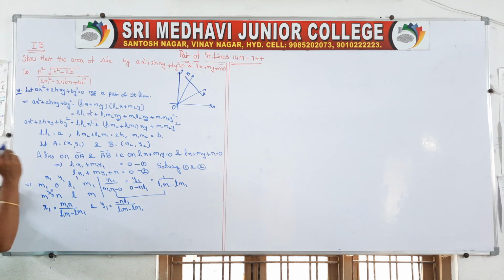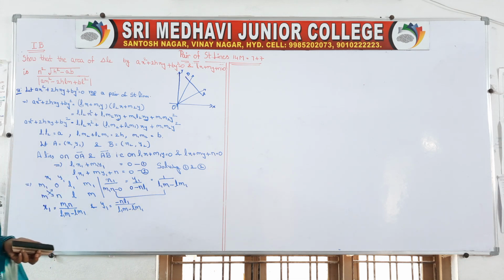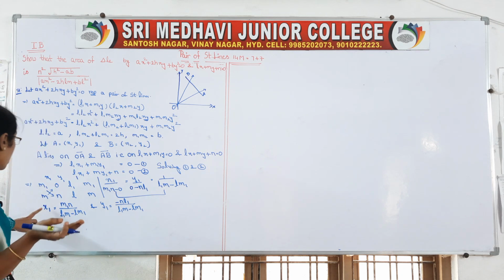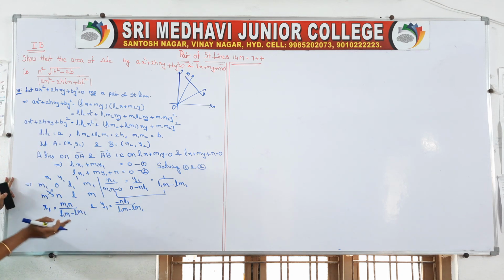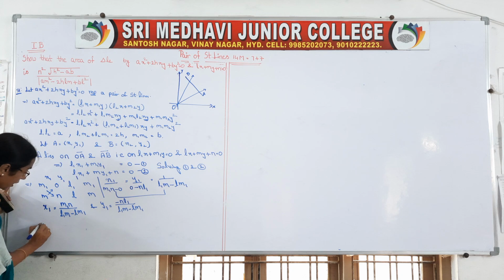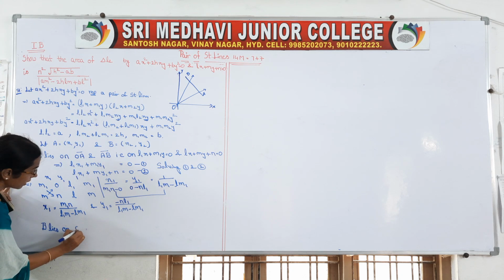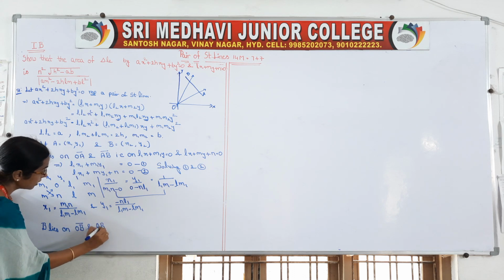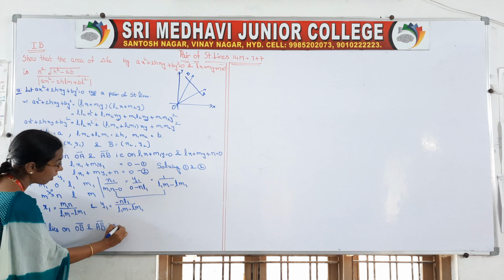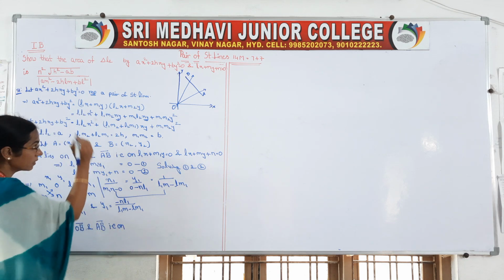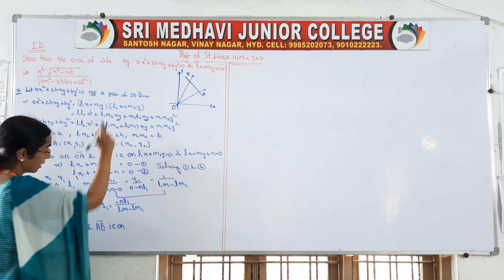Okay, next we have to find B point. With that area of the triangle we can find. So you got your A point now. Now your point B lies on which two lines? OB and AB, isn't it? That is on OB means this line, second line, right?